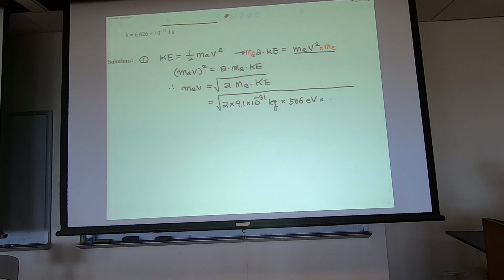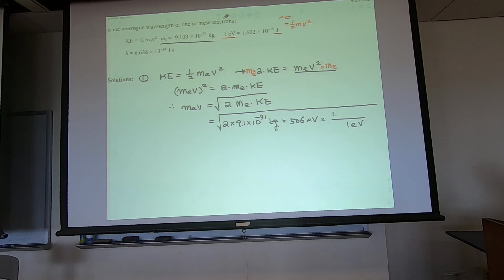And all you need to do is remember the unit conversion: 1 electron volt is 1.6 times 10 to the minus 19 joules. When I finish that, I have converted everything into these units, and by doing so, this annoying electron volt is gone. So all these terms are in kilograms and joules.